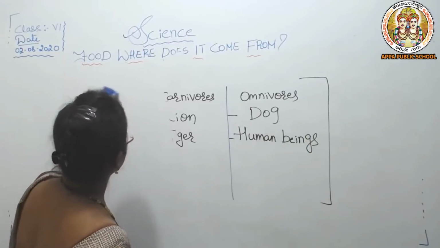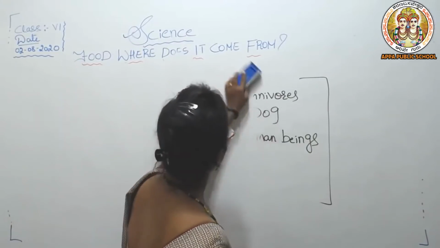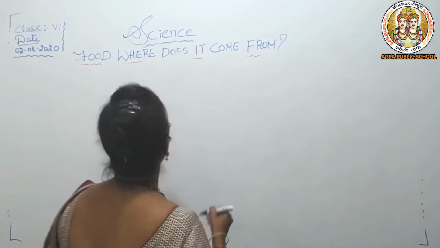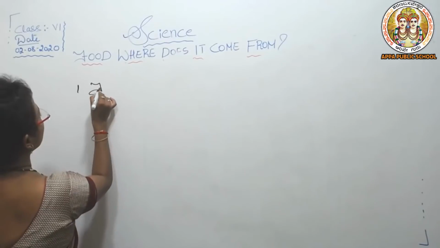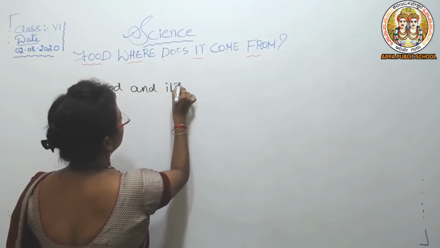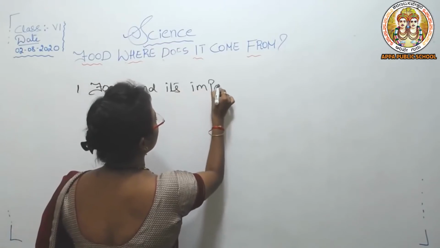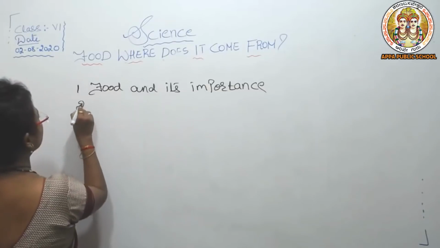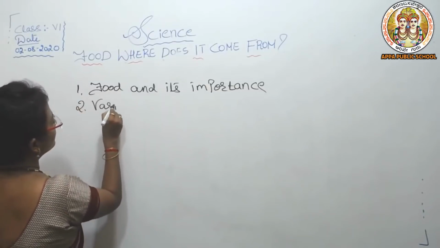Once again I will recall which topics we learned. First we learned food and its importance. Next we read variety of food.